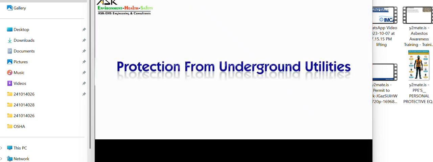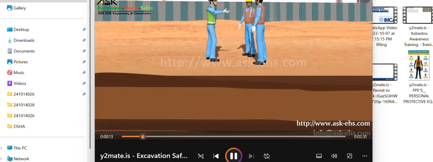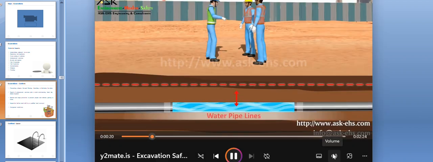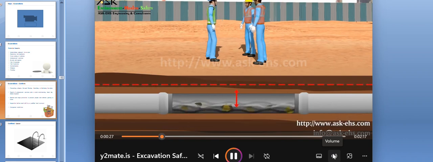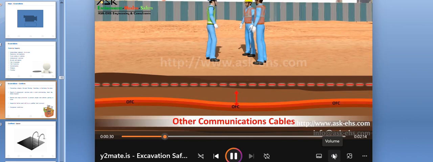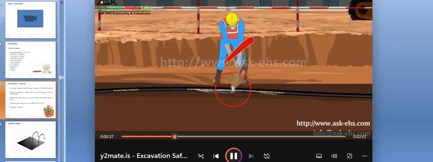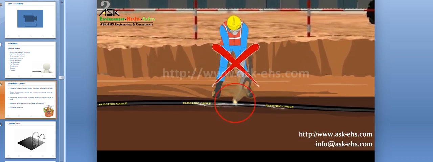Protection from underground utilities. We all know that several utilities may be present underground, such as electric cables, water pipelines, gas pipelines, sewage pipelines and other communication cables. These utilities may get damaged or cause harm to us if not properly identified and isolated.